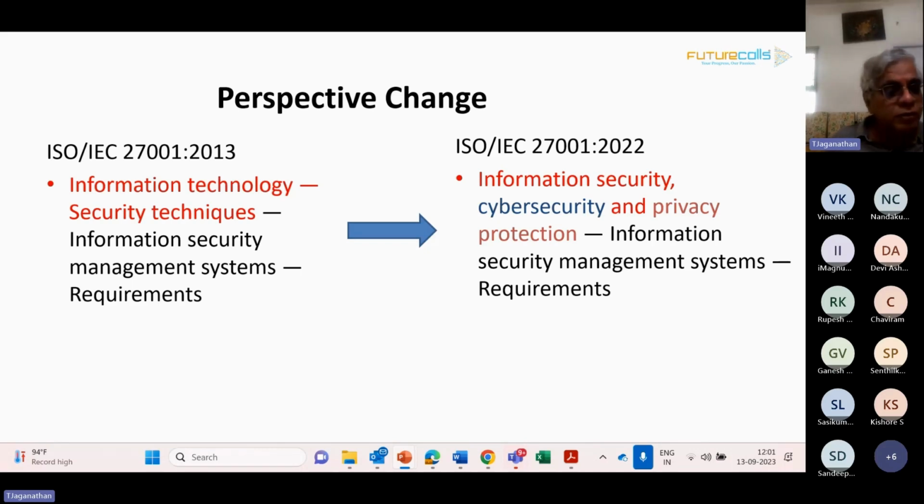They are likely to expand it; it is waiting any time for a new release. But in 27001 itself, they have included certain cybersecurity and privacy protection, specifically the technical safeguards of privacy protection.